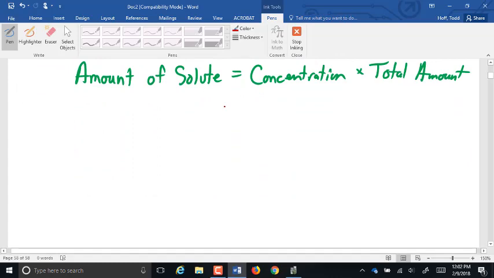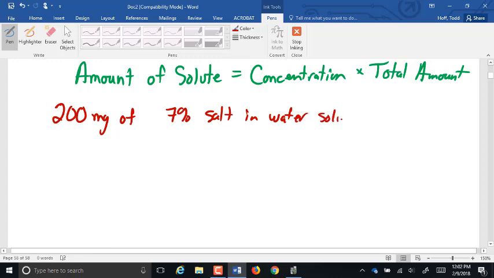So what this means is if we have 200 milligrams of 7% salt in water solution, what that means is 7% is the concentration. The concentration is technically the percent as a rate or as a decimal.